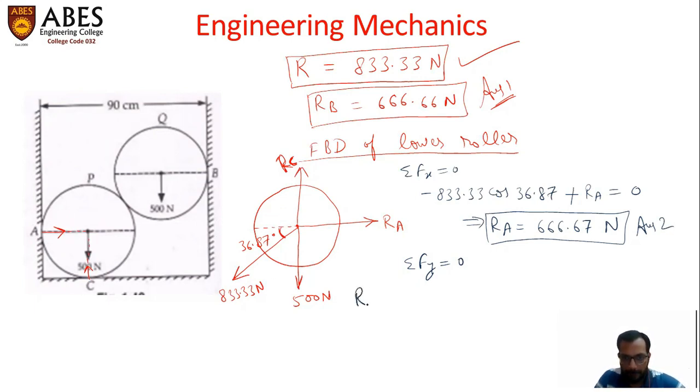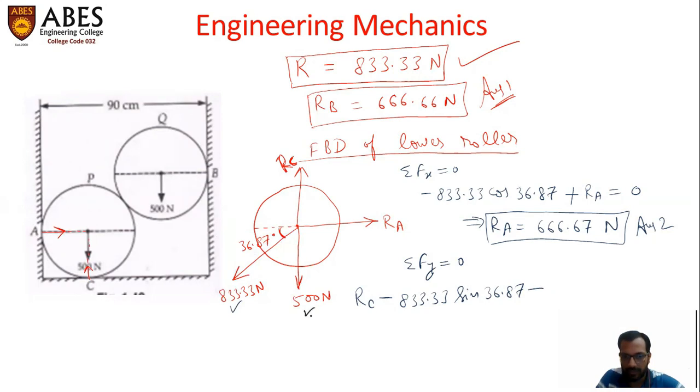So RC minus 833.33 sine 36.87. This is the vertical component of this force, and clearly it is acting downward. Therefore, it should be negative.